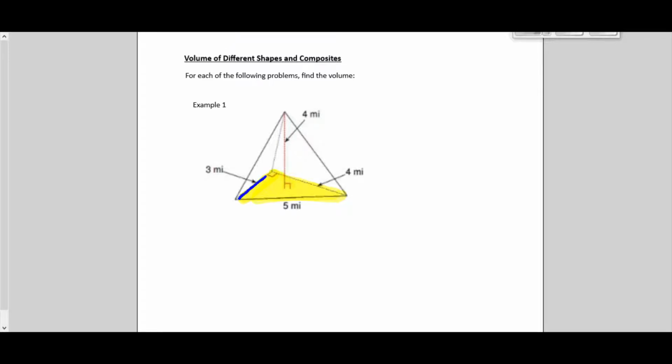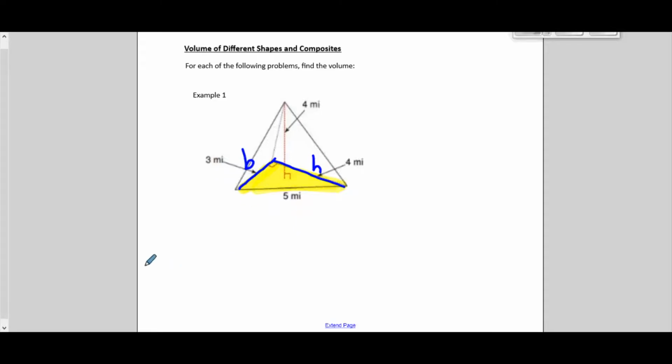So if this is the base of my triangle, then this is the height of my triangle. And then we also need to find the height from the base to the top of the pyramid. So here's the base, and I'm just going to go up to the top of the pyramid. So that height, they tell you, is 4 miles.